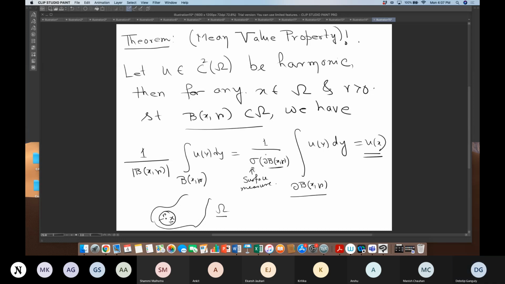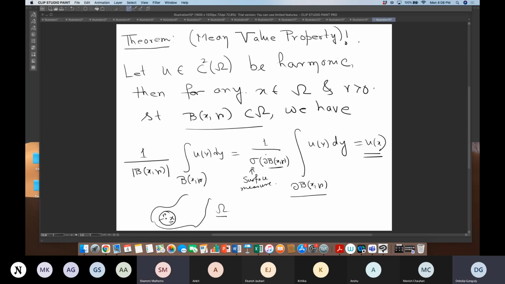If u is harmonic, then at each point x, you can write u(x) directly as the integral over the boundary of the ball, which is again equal to the integral over the whole ball, not the boundary. Where have you studied this type of thing in complex analysis? Yes, in terms of contour integrals. What is this called? It's the Cauchy integral formula.